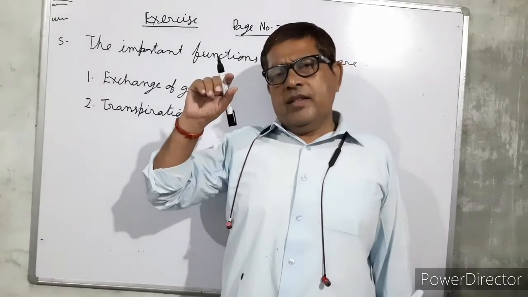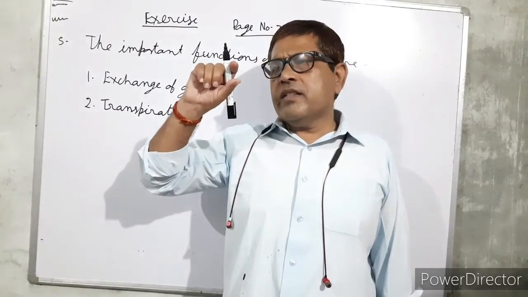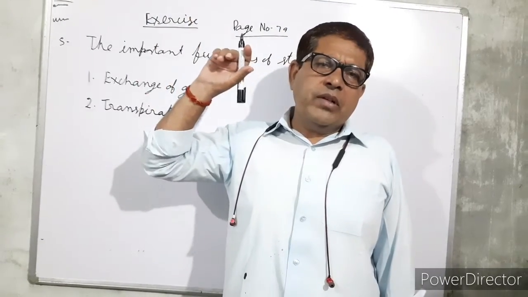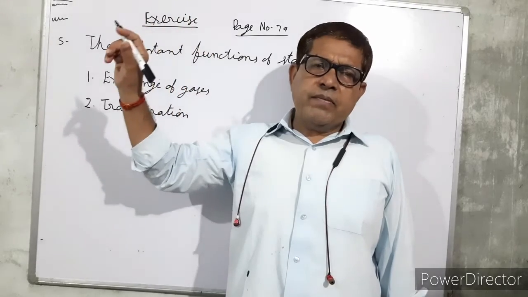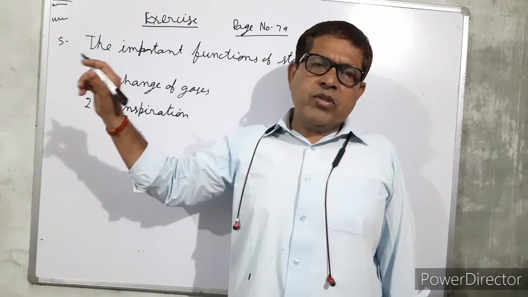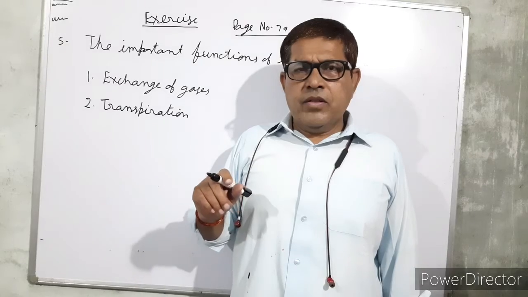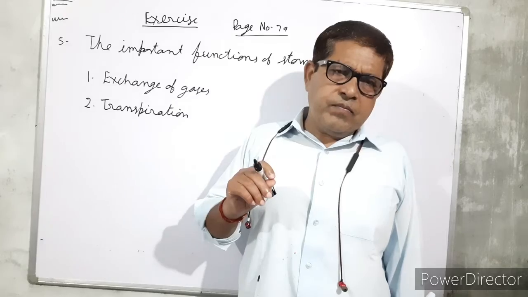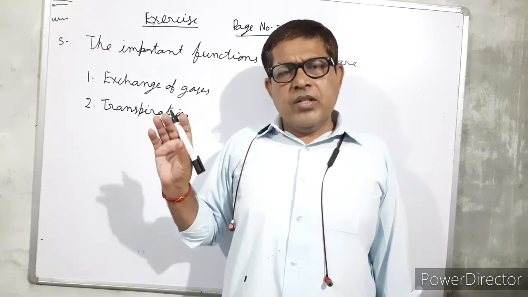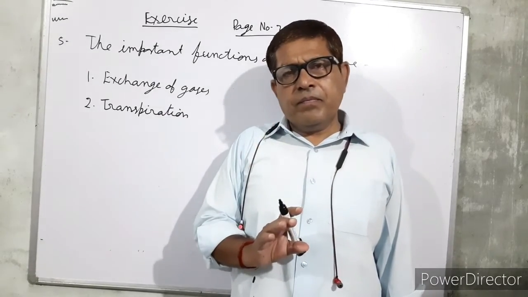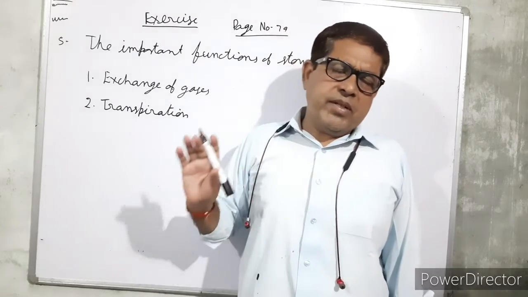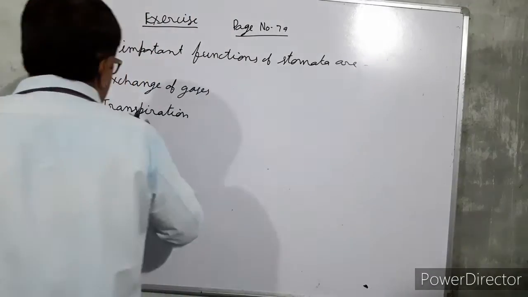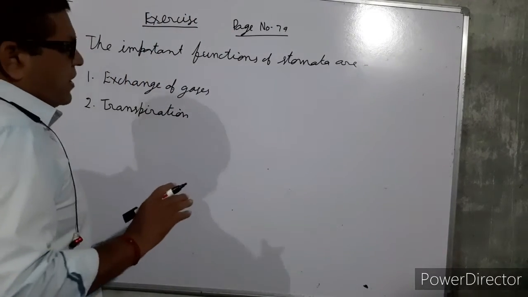Stomata start opening from morning, open completely at noon, and in the afternoon gradually close. When stomata remain closed, there is no exchange of gases. Only when stomata open does gas exchange take place. So stomata help in the exchange of gases and transpiration.